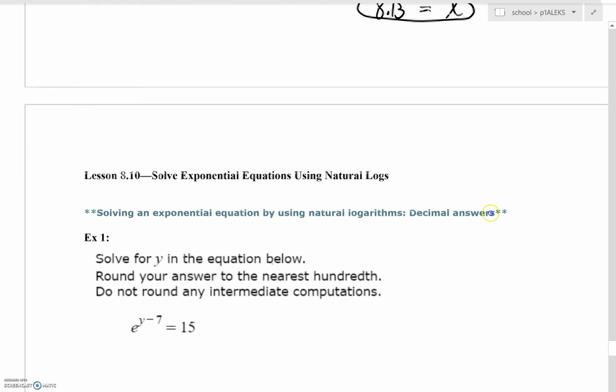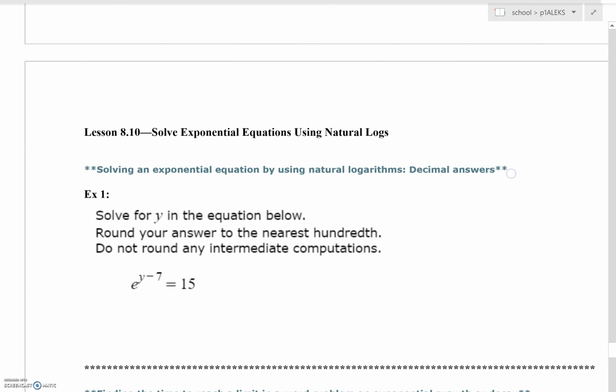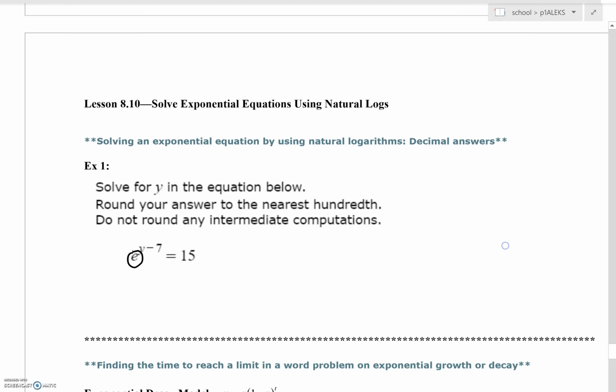One more problem, and it actually involves this e right here. Very similar problem to what we were just doing. This is going to be the log base e of, well, our power is y minus 7. And then we'll have our 15 in here. But we know that the log base e of 15 is actually the ln of 15.